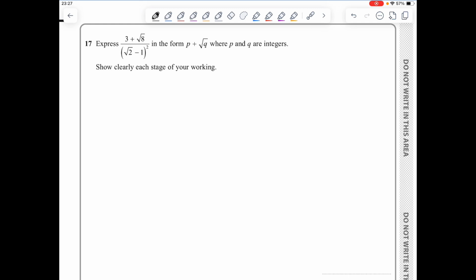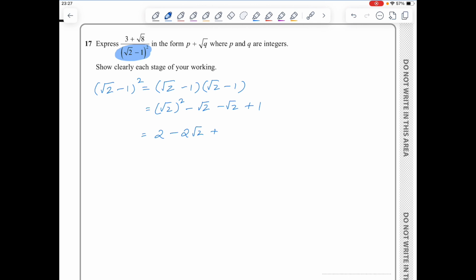For question 17, I'll start by simplifying the denominator. So for this expression here, let me rewrite it: I will have square root of 2 minus 1 times itself. So if I expand, I'll get square root of 2 squared minus square root of 2 minus square root of 2 plus 1. Now square root of 2 squared is just 2, minus 2 root 2 plus 1.